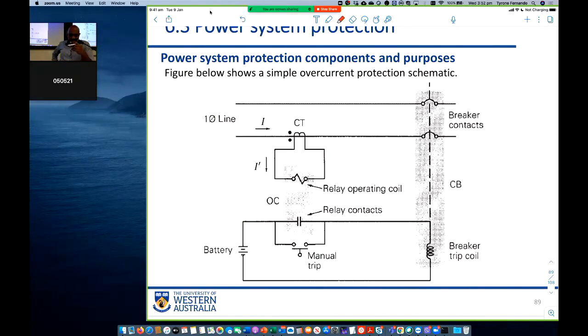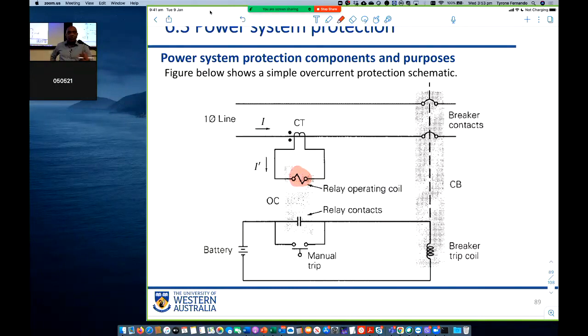So we have a line. You can see there is a current transformer which picks up part of that current, right? There's a current flowing in the main line, and the current transformer just samples it. I dash is a pickup current. It activates a relay, energizes a relay.